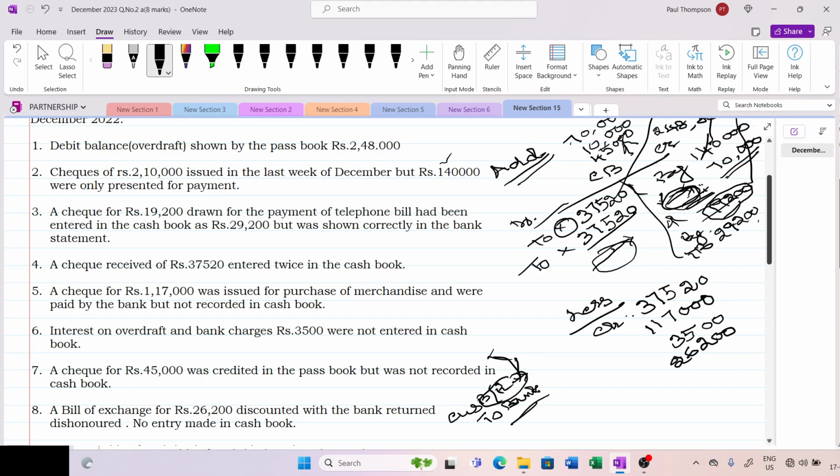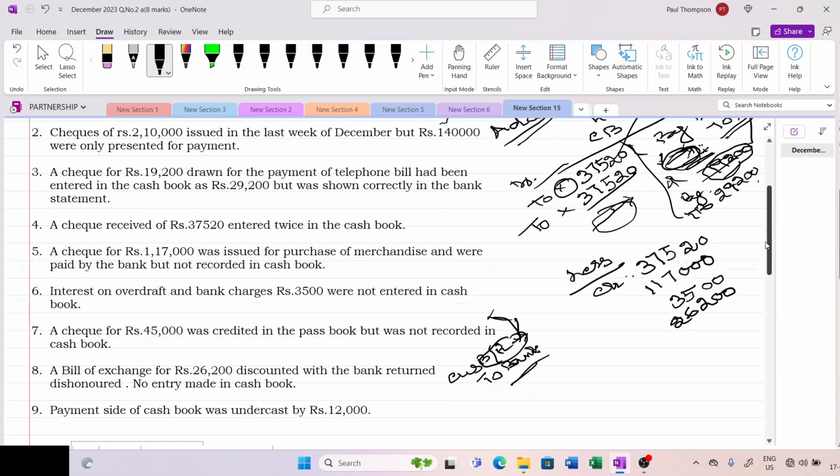Now one more item. The last item is a 12,000 rupees undercast. Payment side is undercast. You can call it undercast, or you can take it that you have forgotten to add one item of 12,000 written on this side. When you take the totaling and balancing figure, you forgot to add that 12,000, which should have increased your overdraft, but you forgot it.